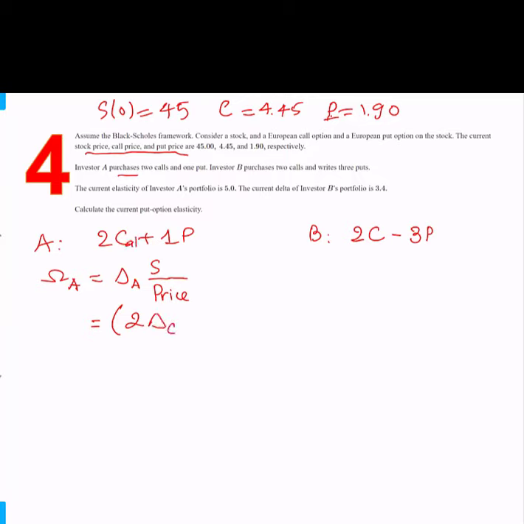Delta A here is 2 delta call plus delta put, times S, which is 45, over the price, which should be 2 times 4.45.